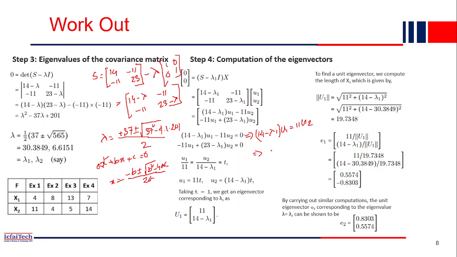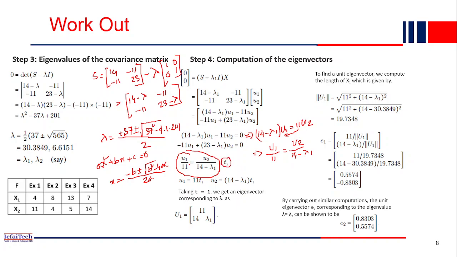So from here we can write u1 by 11 equal to u2 by (14 minus lambda 1). The same thing is written here: u1 by 11 equal to u2 by (14 minus lambda 1) equal to t.